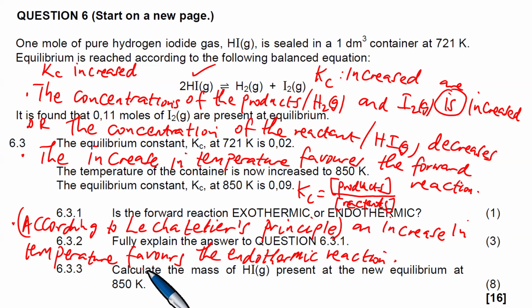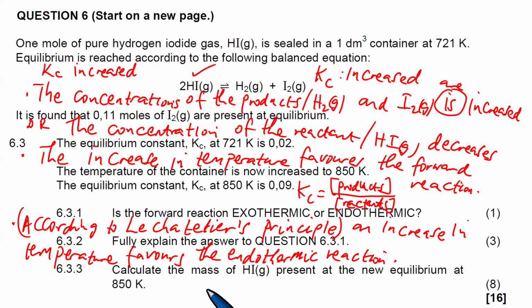And yeah, there's more we can always say there. According to Le Chatelier's principle, an increase in temperature favors the endothermic reaction. Because when the temperature increases, the reaction will tend to do what?